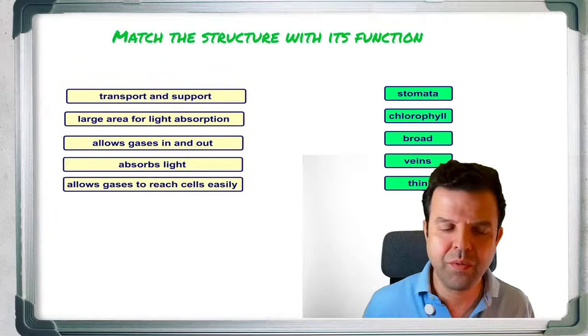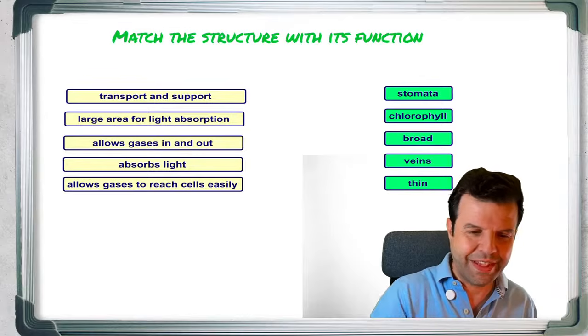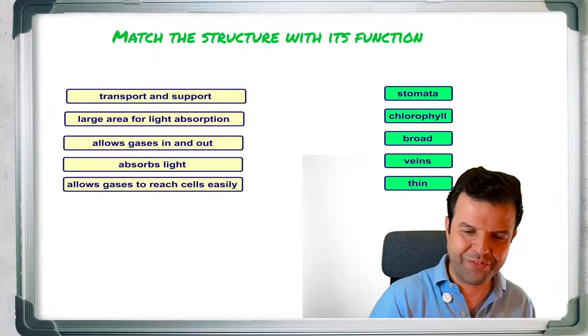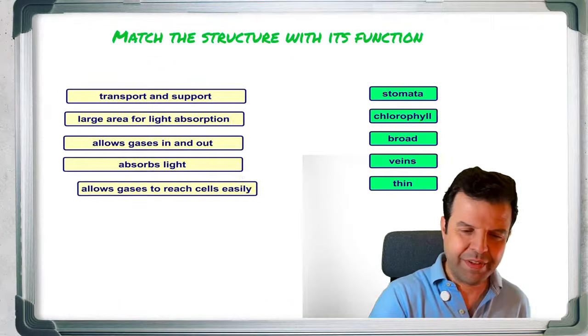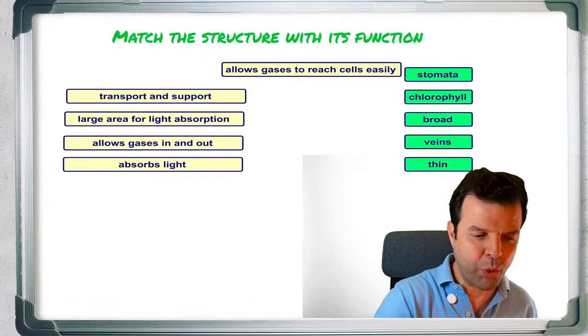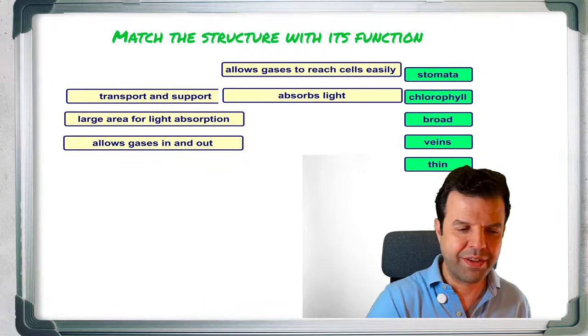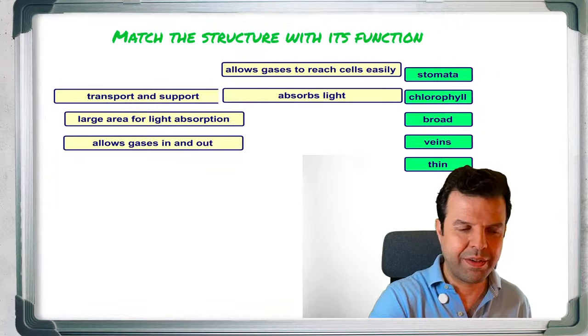Stomata allows gases in and out. Chlorophyll absorbs light. Veins, broad transport.